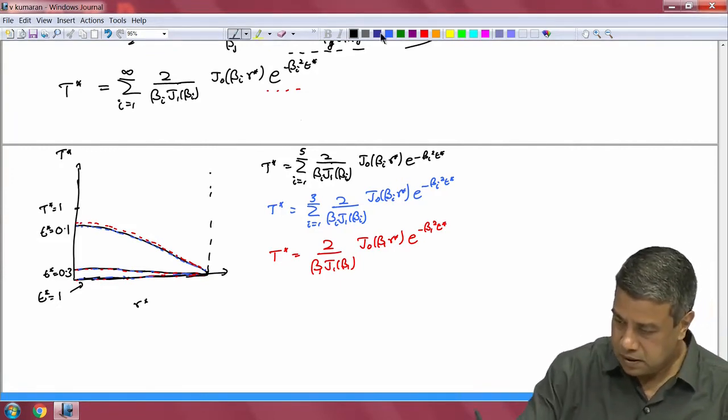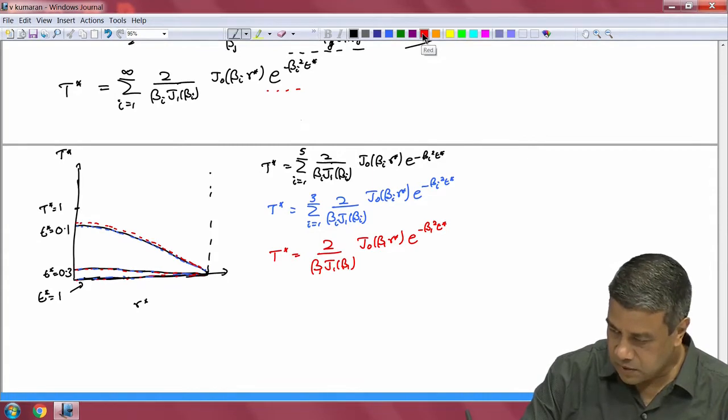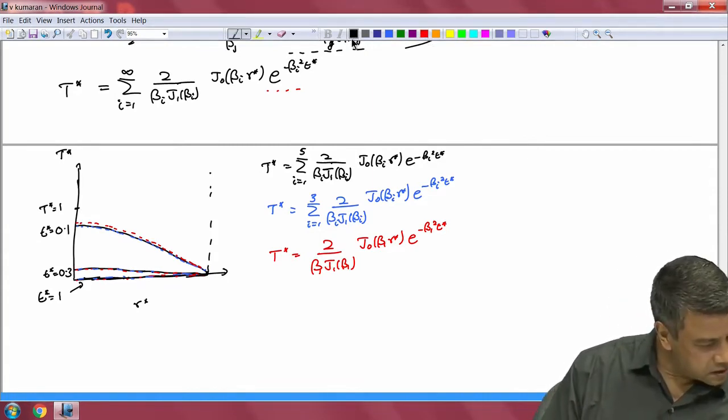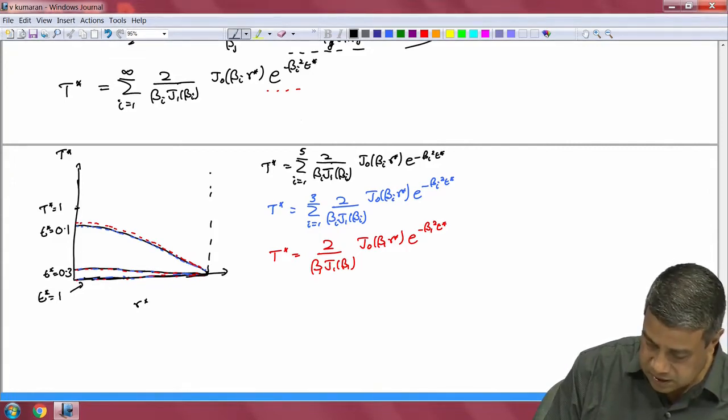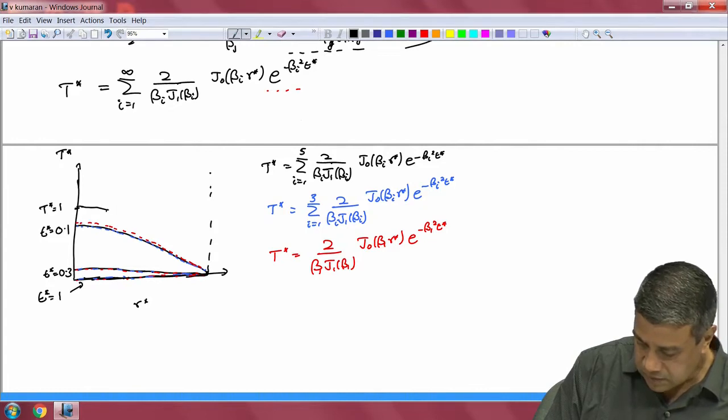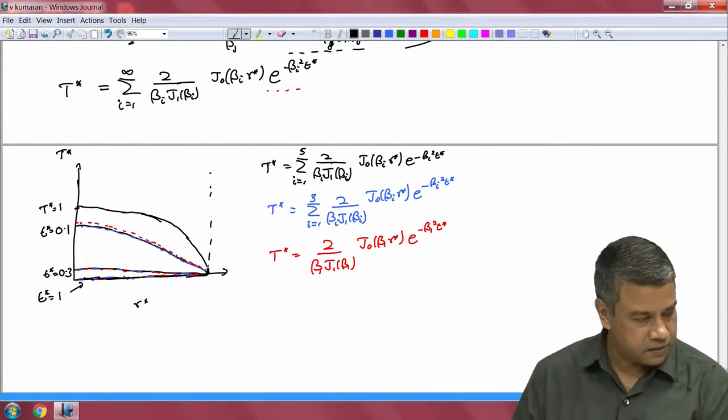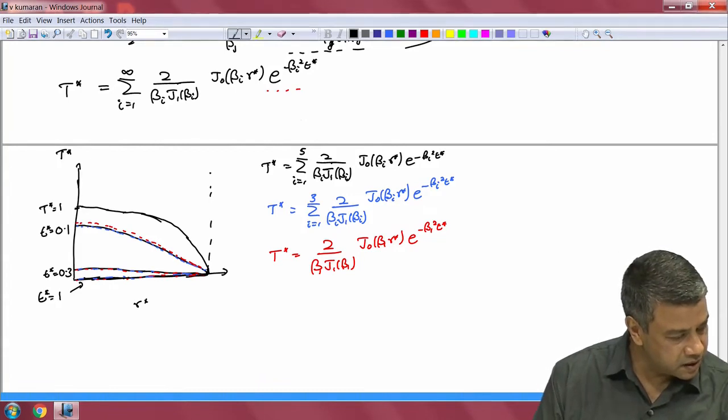Now, at T star equal to 0.03, the complete solution, the 5 term series, more or less gets the temperature close to the surface, and then it decreases to 0 at the surface. So, the 5 term series is numerically accurate.